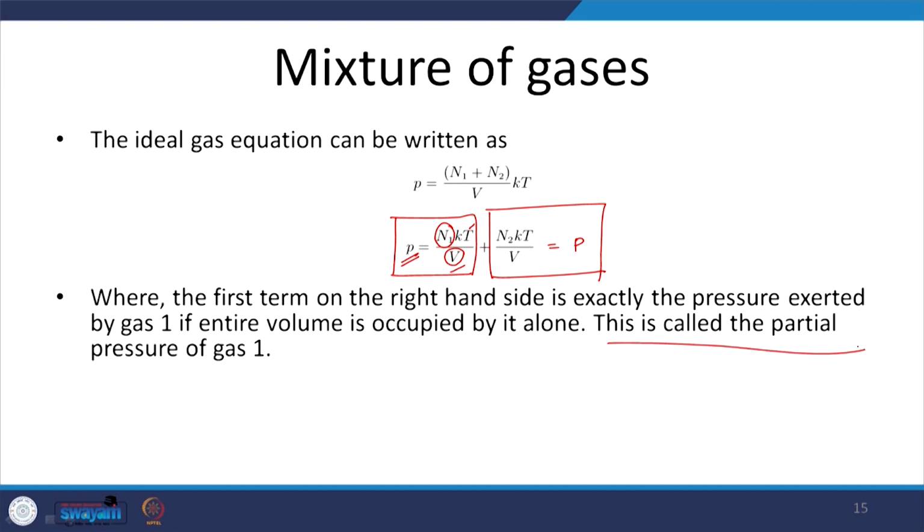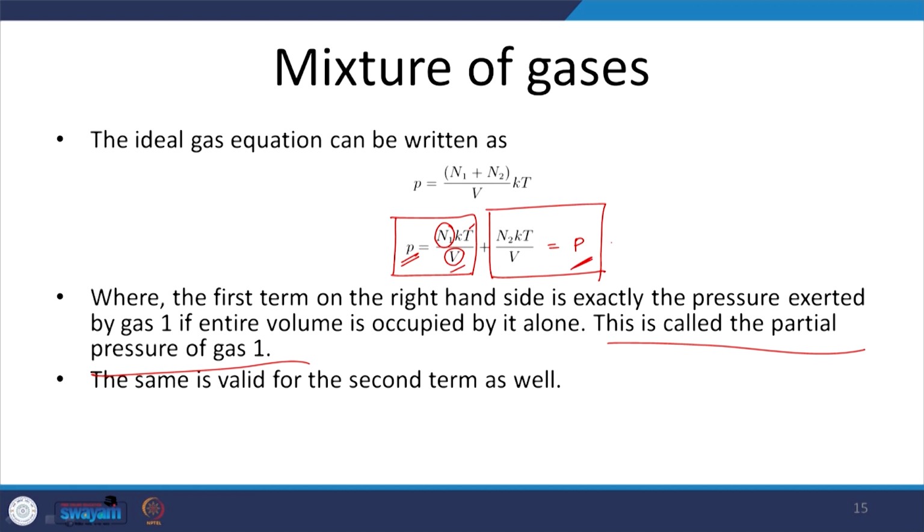So, this pressure is called the partial pressure of the gas. So, always remember partial pressure is never equal to the total pressure of the gas. Partial pressure is the pressure exerted by one constituent of a mixture as if it is alone occupying the entire volume by itself, right. So, the same is valid for the second term as well.